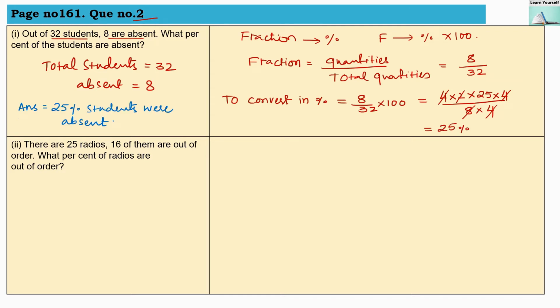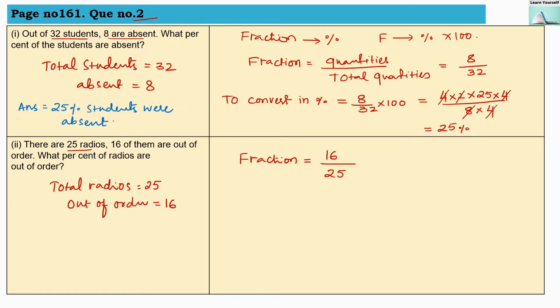Our second question. There are 25 radios, 16 of them are out of order. What percent of radios are out of order? So total radios are 25 and out of order are 16. So how to convert them into fraction? Fraction is equal to 16, the desired quantity, that out of order radios are 16, divided by total quantities, that is 25.